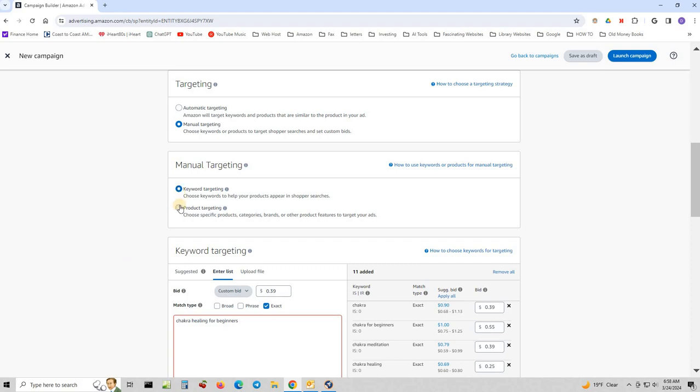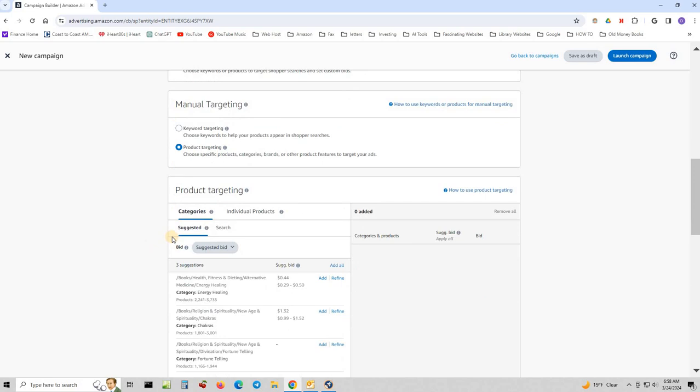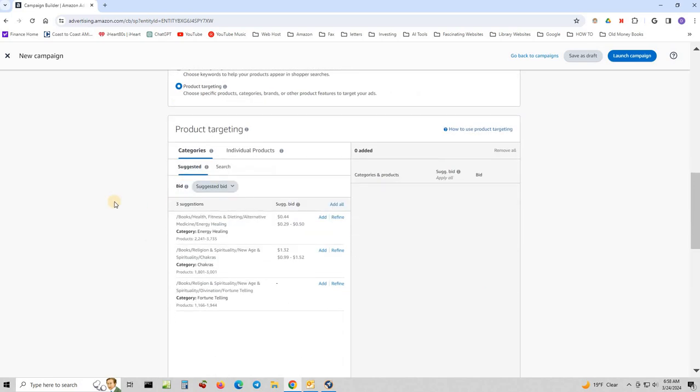Let's do product targeting. Let's say we don't want to do keywords, we just want to target our book by what other books are selling. You can do it by categories or individual products.